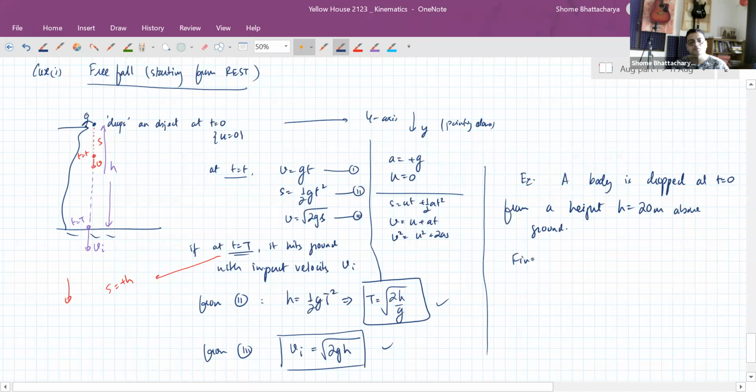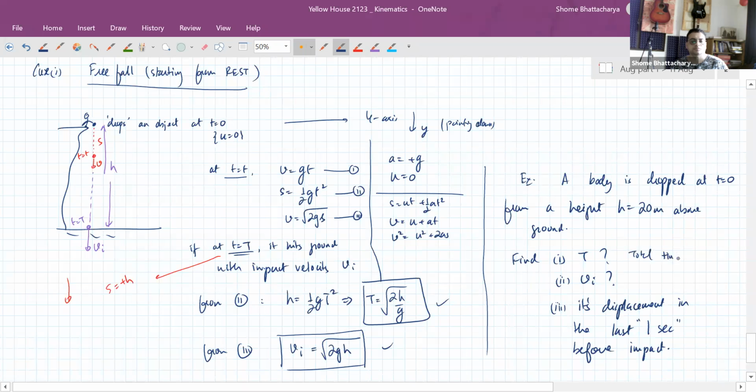We find the time taken to hit the ground, the impact speed, and also its displacement in the last 1 second before impact. So just note this down and try out this question. Take g as 10.